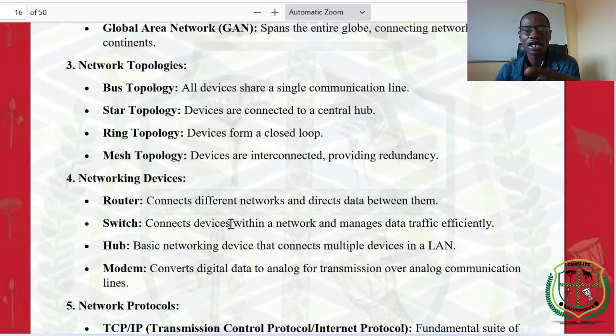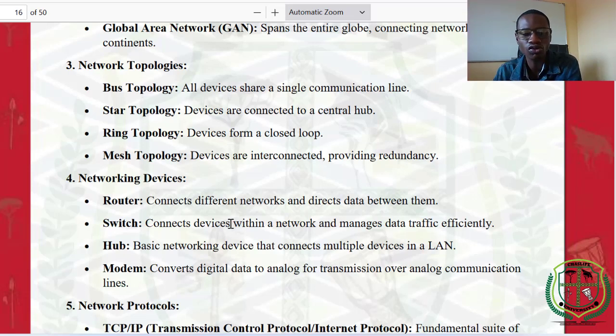A router is a device that connects you to the internet. It directs data, and data gives you access to the internet. Without data, you cannot access the internet. So this is one of the network devices.